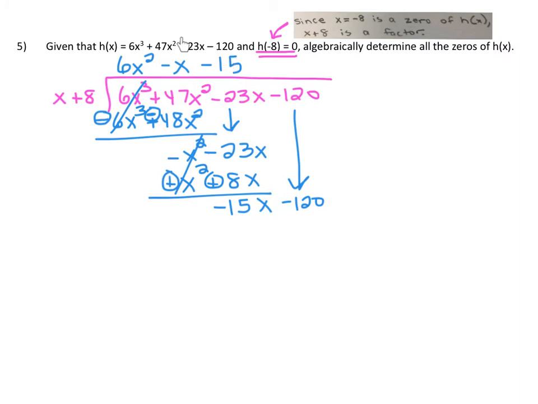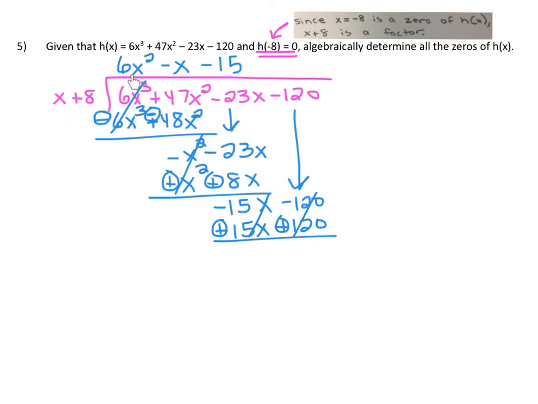Negative 15 times x is negative 15x, and negative 15 times positive 8 is negative 120. Look at this, it's going to work out. When we change our signs to positive and positive, everything cancels. So that's exactly it.